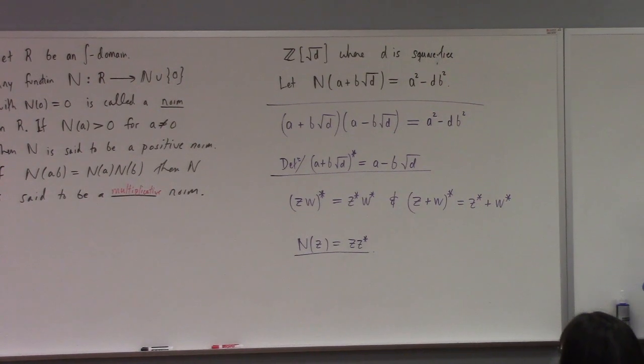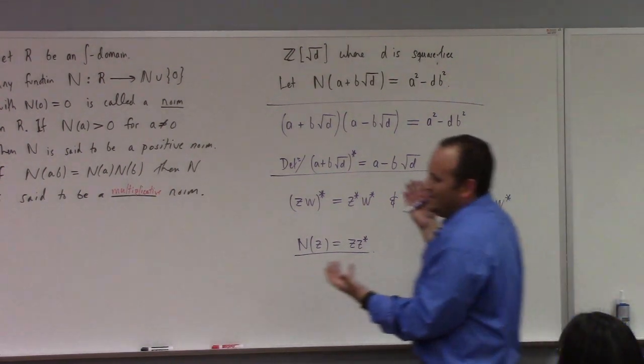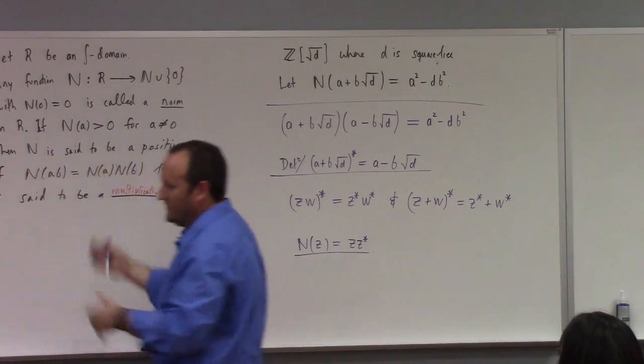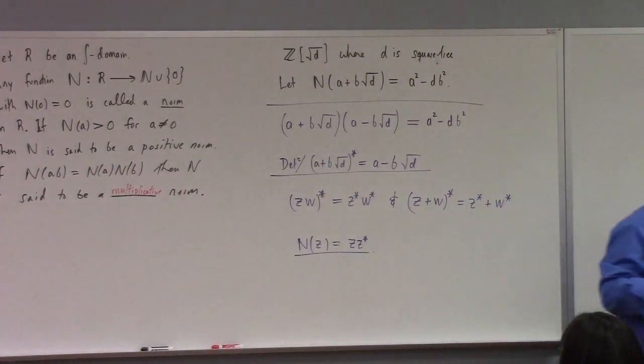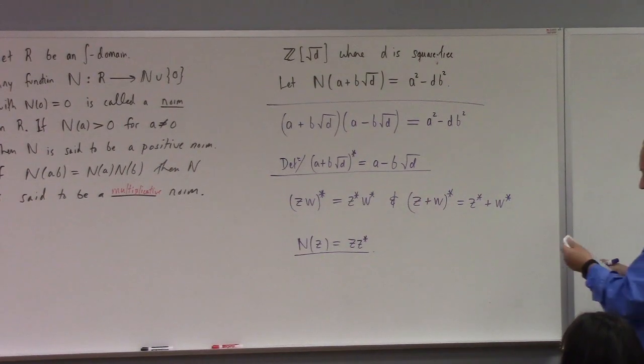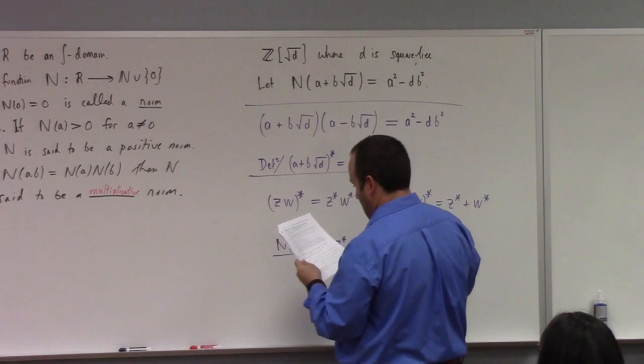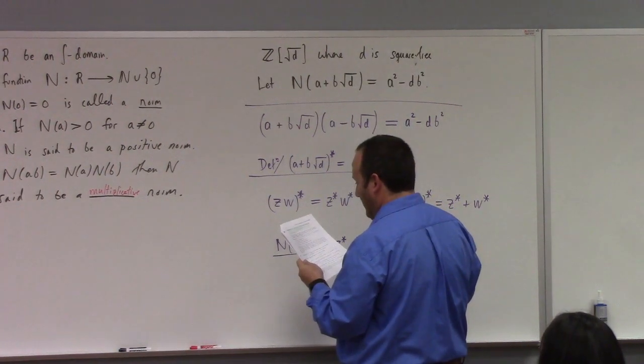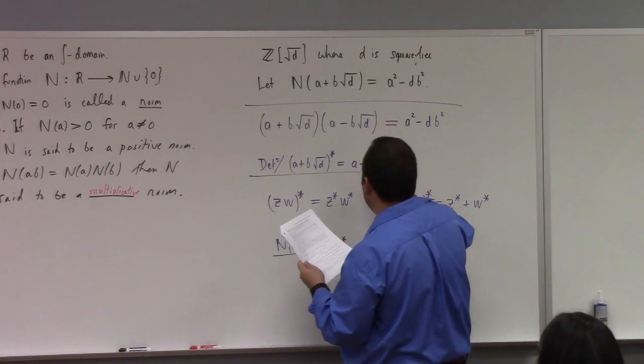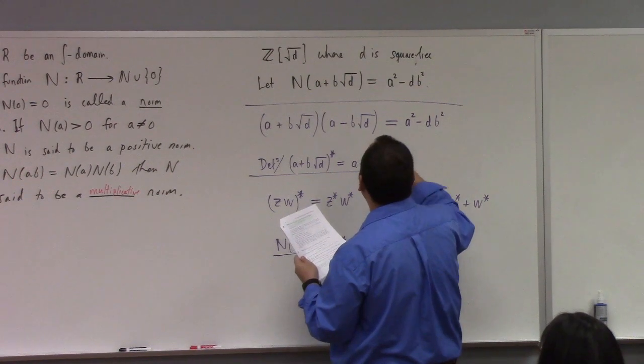You're like, okay, well, this is great, but what on earth does this have to do with associates, irreducible, and prime? Well, let me show you. Oh, my bad. I was missing a very important thing.